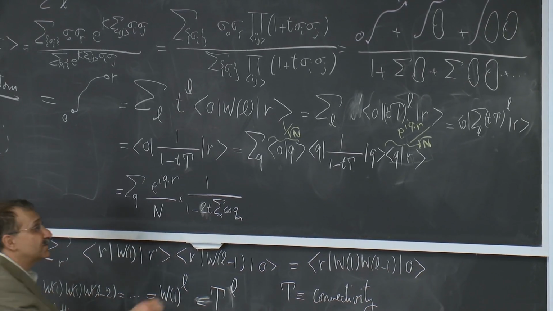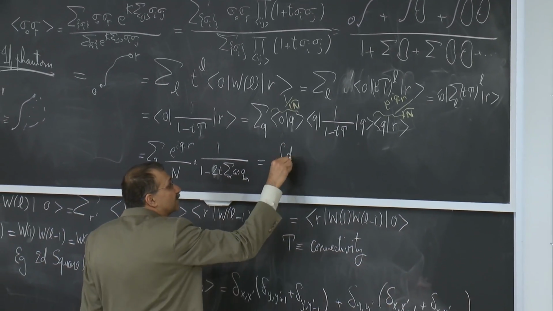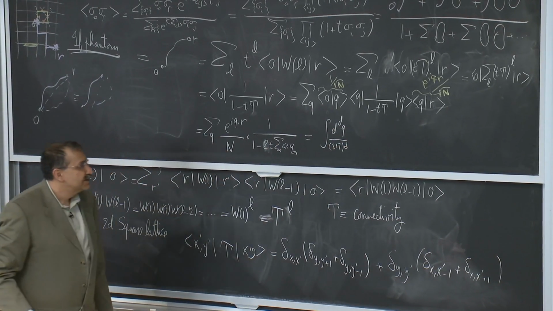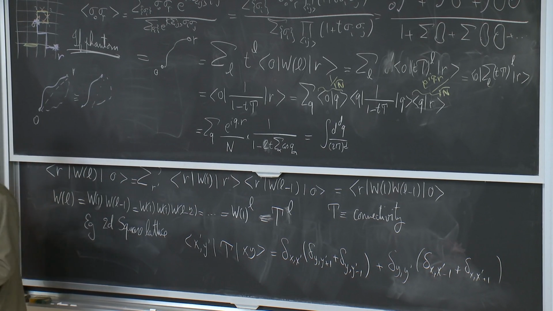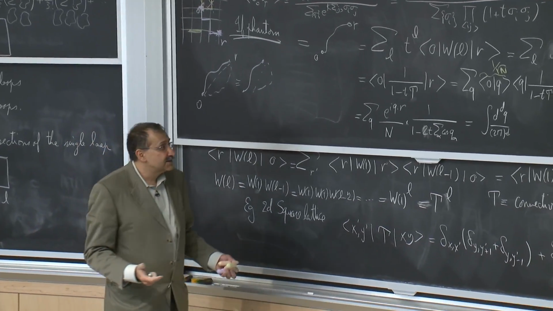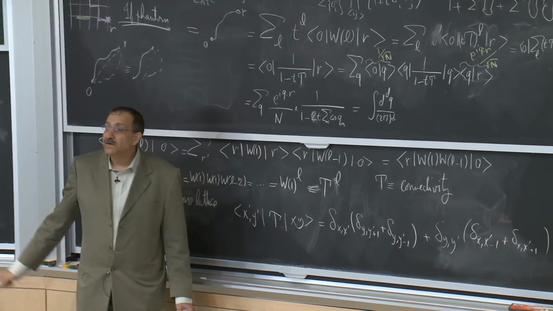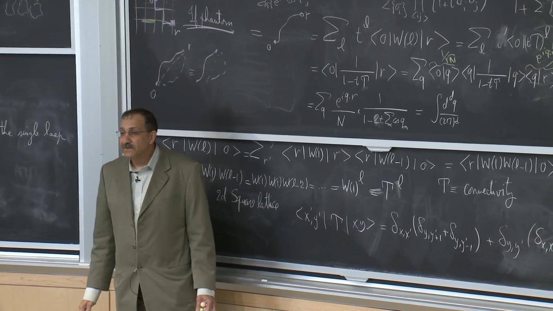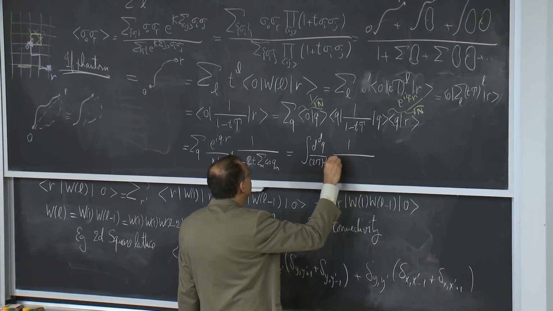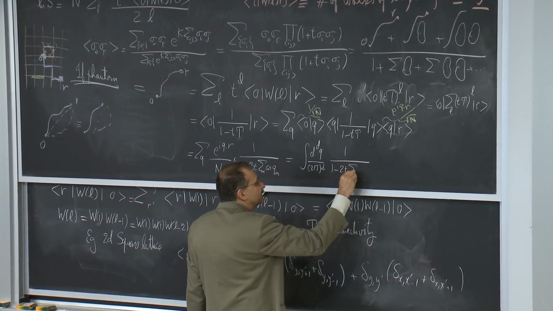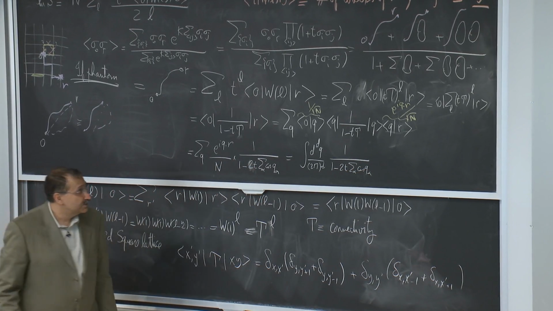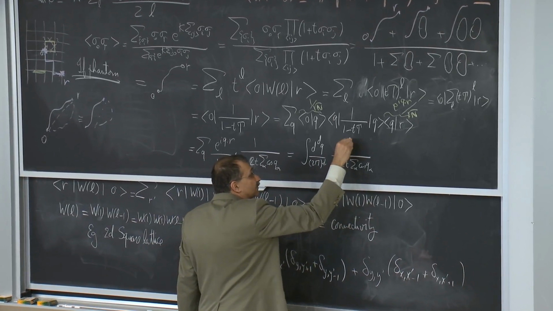I replace the sum over q with an integral over q, d q over 2 pi to the d, the density of states. In going from there to there is a factor of volume. The way that I have set the unit of length in my system, the volume is actually the number of particles that I have. So that factor of n disappears. And all I need to do is evaluate this factor of 1 minus 2t sum over alpha cosine of q alpha, integrated over q, Fourier transformed.